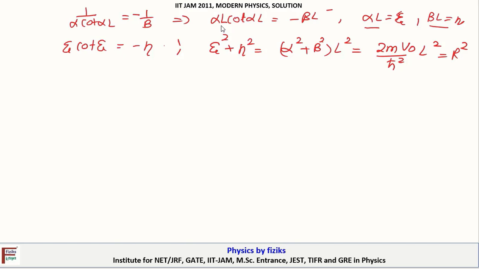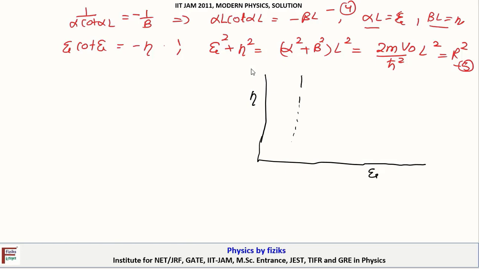So plotting this equation, I would be taking this as 4, this is 5, plotting the curve for cot xi versus eta with respect to cot xi.